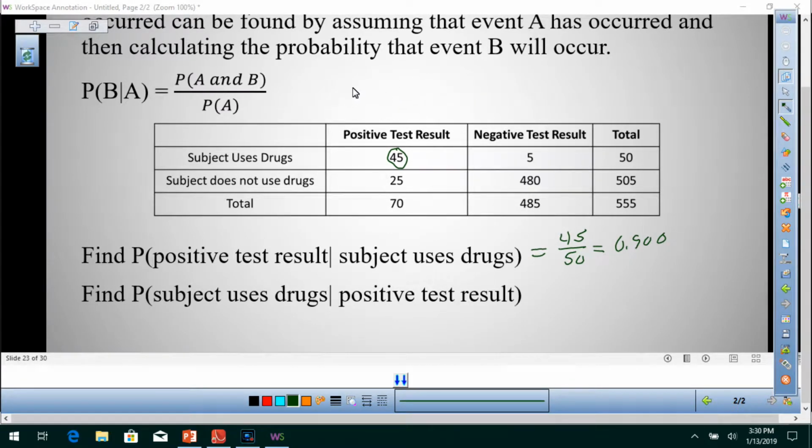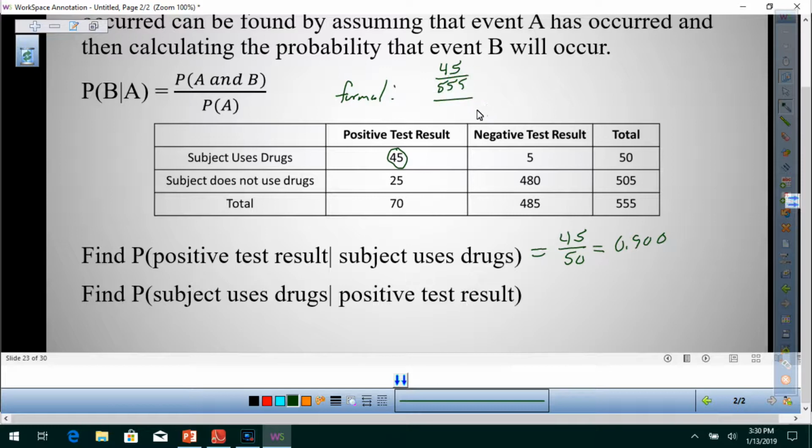If you take the formal approach, and let's do the formal up here, you would say, okay, positive test results, we would have 45 over 555, divided by the subject uses drugs, that would be 50 over 555.